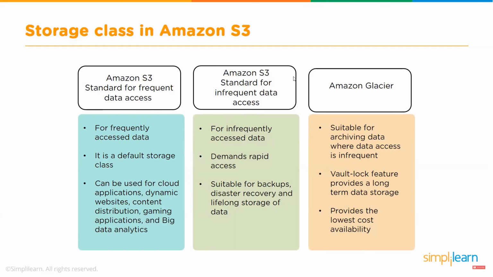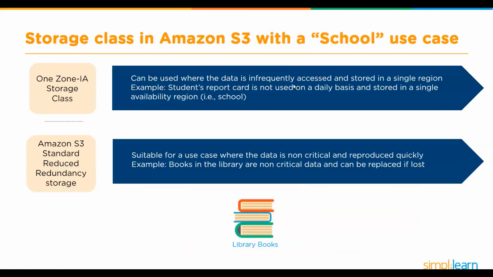The other option is the One Zone infrequent access storage class. Just like the name says, it's infrequently accessed and it is stored in just one availability zone. And use cases are any data that doesn't require a high level of security can be stored here in one zone. The fifth storage tier is reduced redundancy storage.